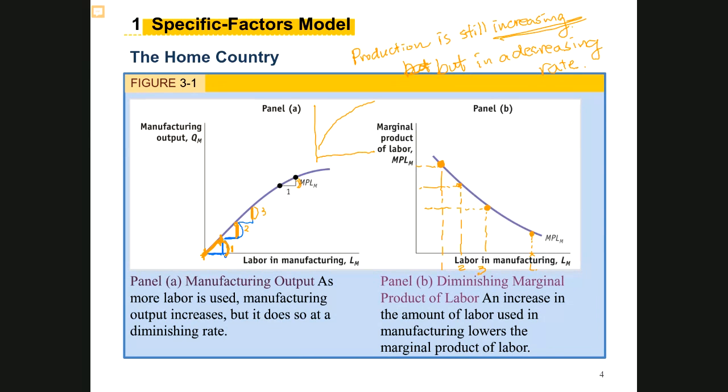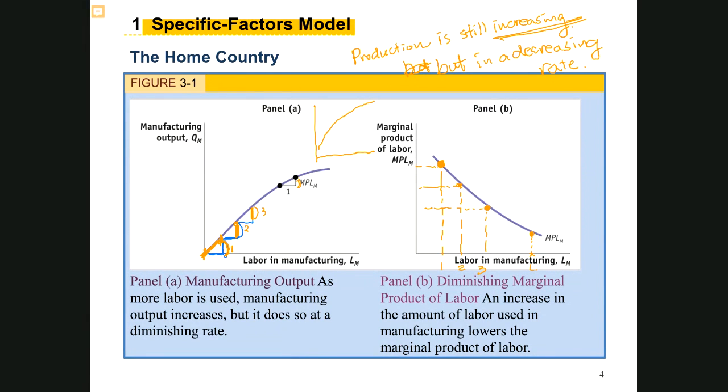Okay, so let me go back. I think the best way to learn this model is that if you understand this diagram, all of the problems will be solved. The best way to learn this is to compare it with the Ricardian model. Think about that: what do we assume in the Ricardian model?